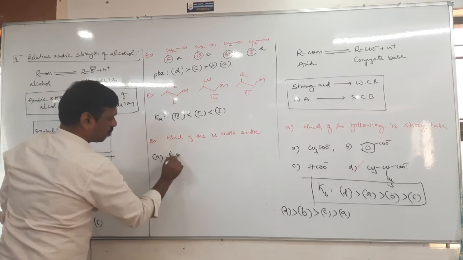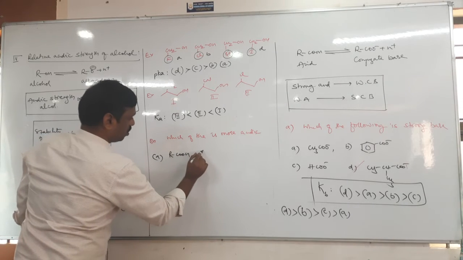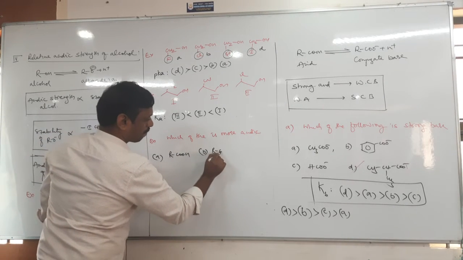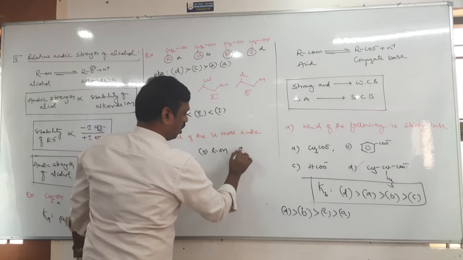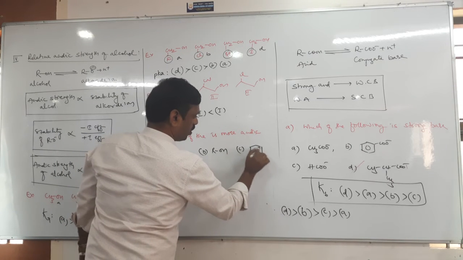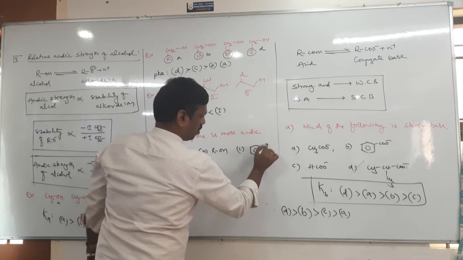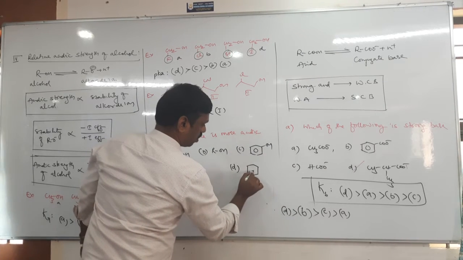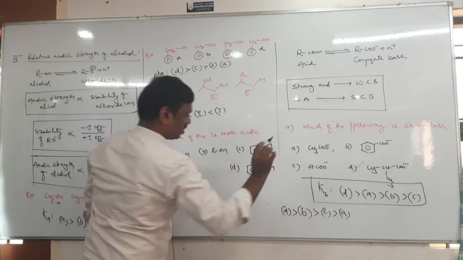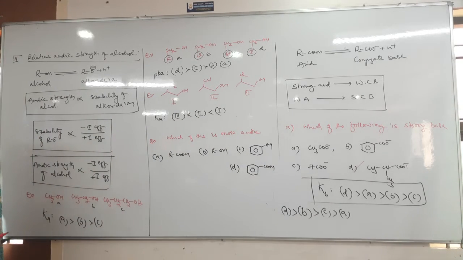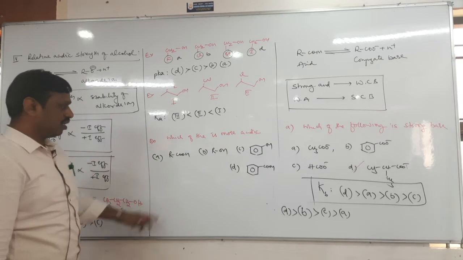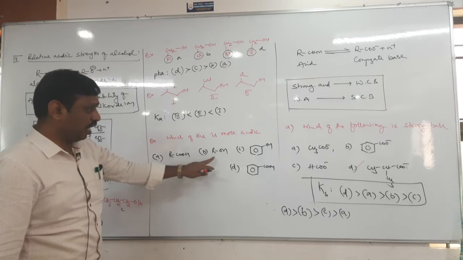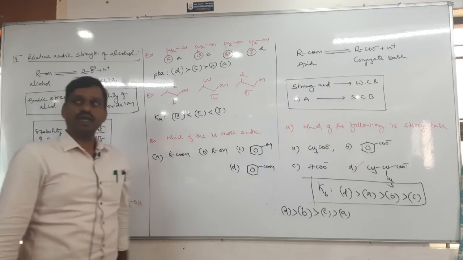A, carboxylic acid, B, alcohol, C, phenol, and D, aromatic carboxylic acid. Tell me, which are more acidic? Carboxylic acid, alcohol, phenol, and aromatic carboxylic acid.